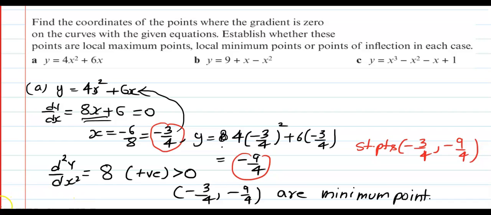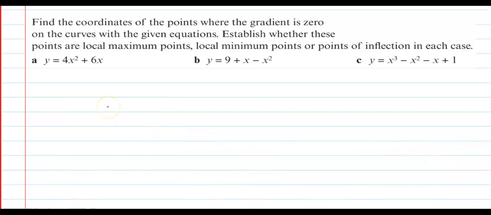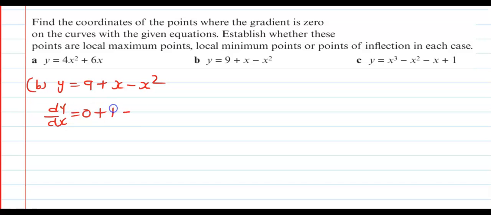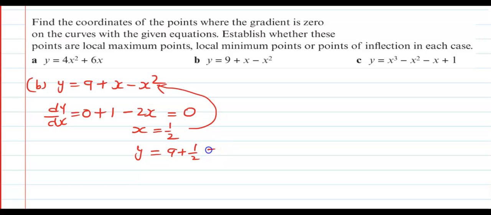Let's go for the B part. So the B part is y equal to 9 plus x minus x square. If you differentiate it, you will get 0, 1 and minus 2x. If you put it equal to 0, you will get x equal to 1 over 2. Put x equal to 1 over 2 here and you will get y. So y is 9 plus 1 over 2 minus 1 over 2 square.